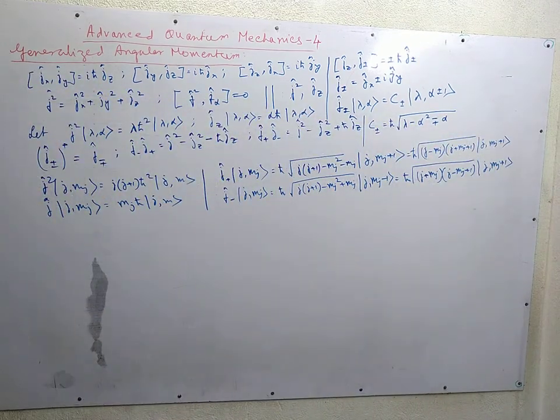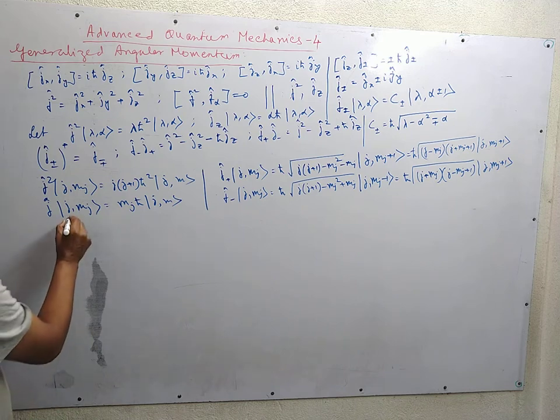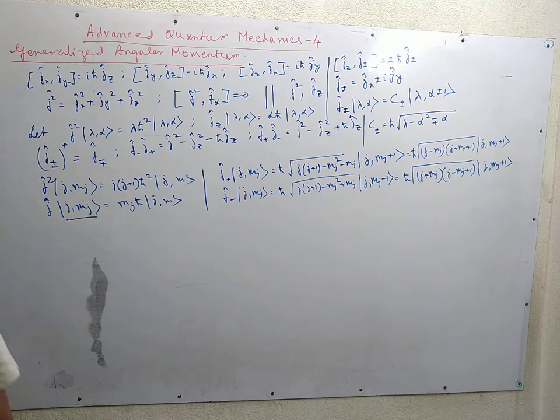If we stick to this representation, this is the representation in terms of the quantum numbers of the eigenvalues for J squared and Jz operator. So in this notation we can find out the matrix elements for other quantities.